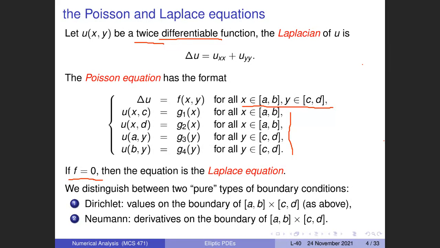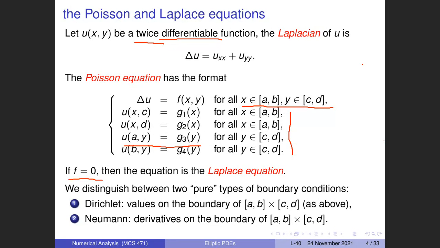We have a function g3 and g4. G3, which I'm underlining now, is the left bound, so when x equals a. G4 is the right bound. And as this is for a fixed value of x, we have a function that depends only on y.